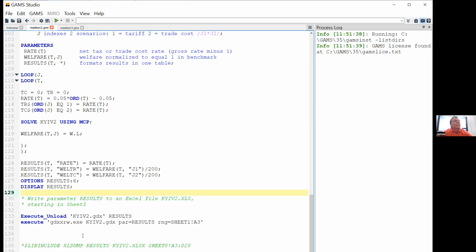The question is how a parameter is defined, whether I define welfare of T comma J instead of welfare J comma T. That is the same. Is that correct? Yes, so it doesn't make a difference how you order the sets. I could have, yeah.